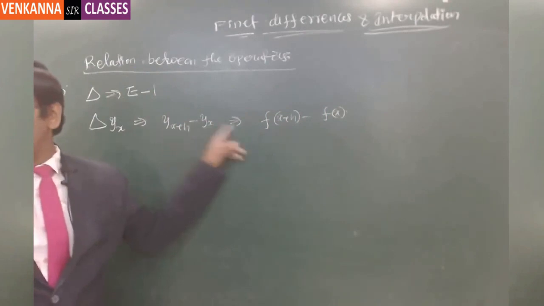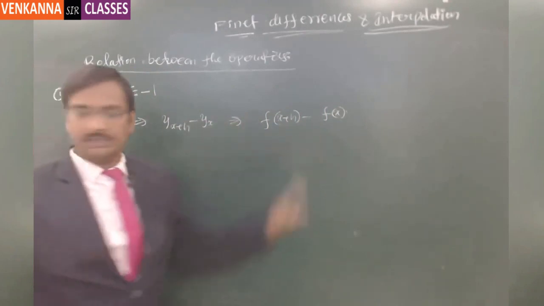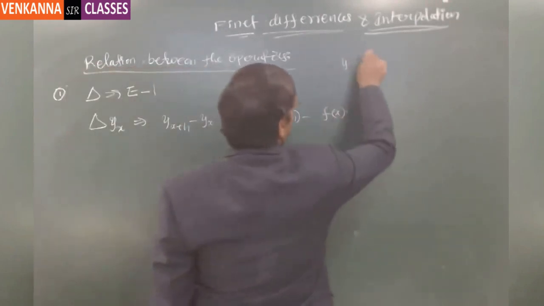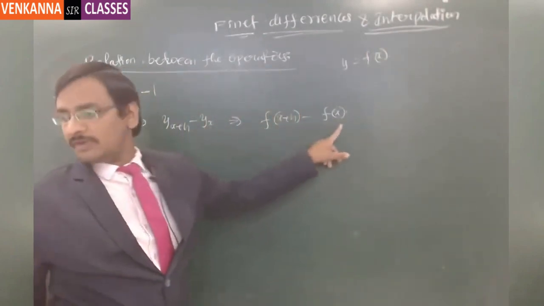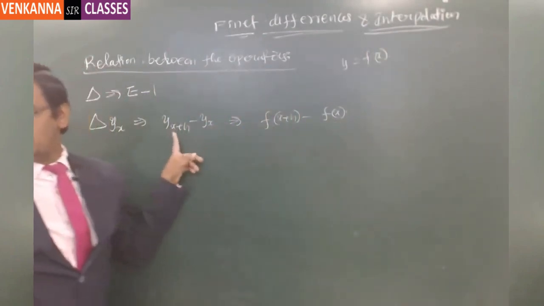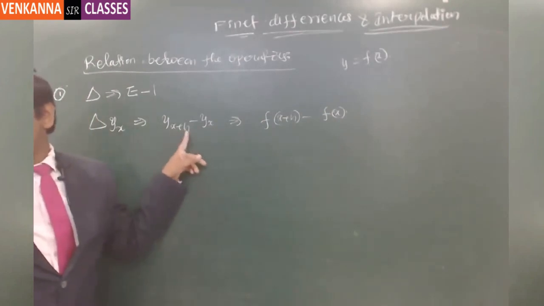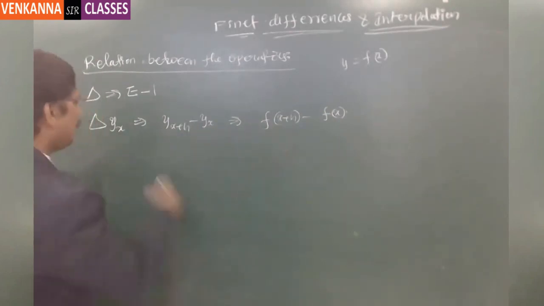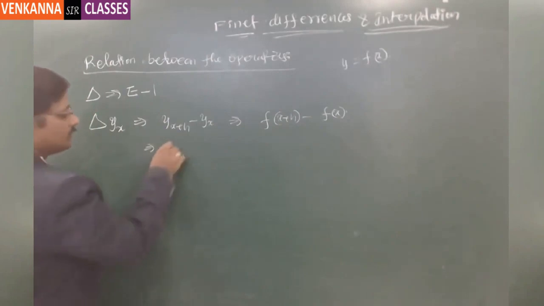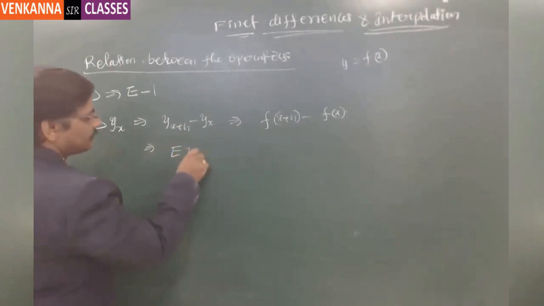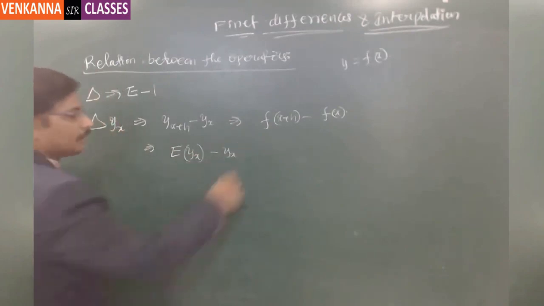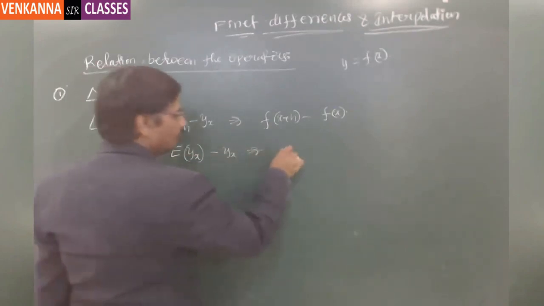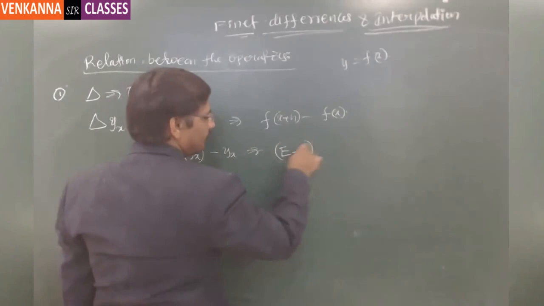These two are one and the same. So y is nothing but the function, for the function y is equal to f of x. So for a value of x, y of x is nothing but f of x. And this value is shifted by an amount of h, x plus h. So this one you can identify as E of yx minus yx. Now from this, if you take yx out, then E minus 1 of yx.